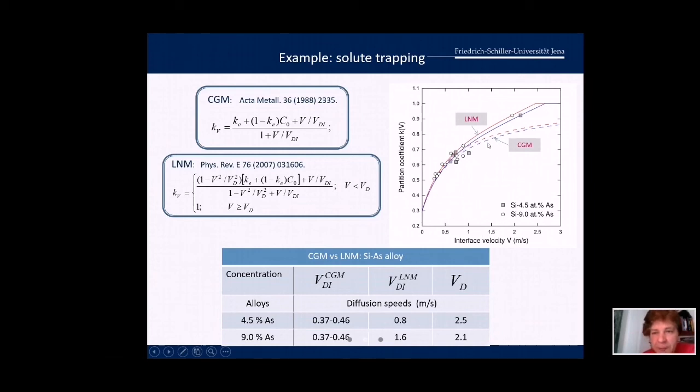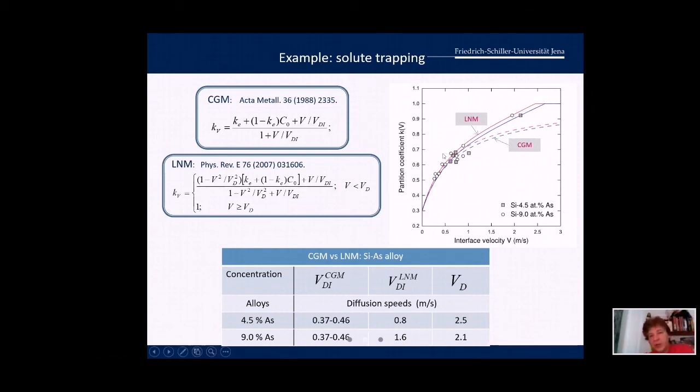However, at larger velocities these deviate from experimental data, which can be described in a very good manner by the equation with two kinetic parameters: VDI, solute diffusion speed through the interface, and VD, which characterizes solute diffusion speed in the bulk phases.